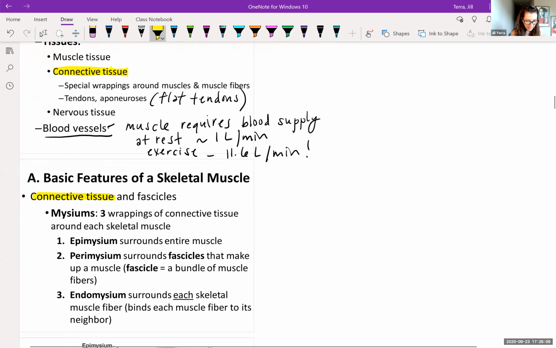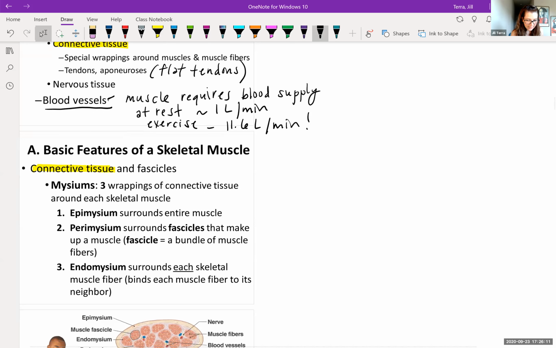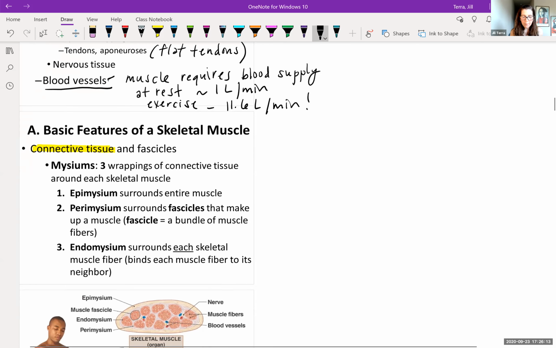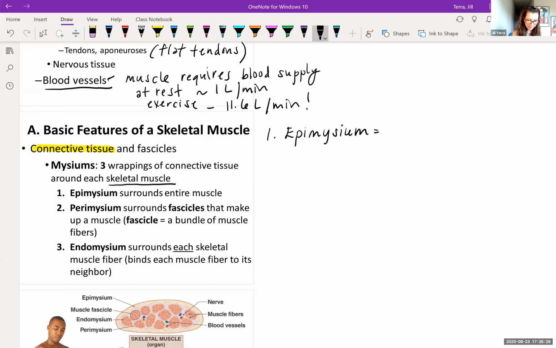And so what we have are these what are called mysiums, and they are wrappings of connective tissue around skeletal muscle, around every single skeletal muscle in our body. And so the first one is called epimysium. And hopefully we recall that epi means on top or above. Okay, so this means above or on top of the muscle.